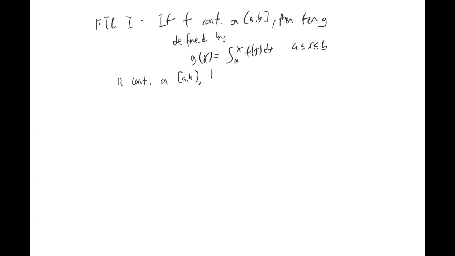It has to be differentiable for me to write g prime. And g prime of x is f of x, yeah? So when I take the derivative, I should get f back because it cancels out with the antiderivative, right?